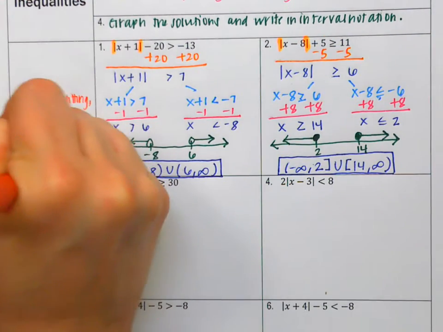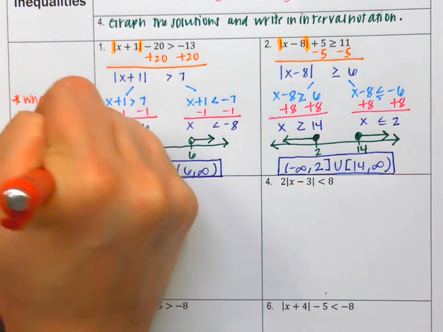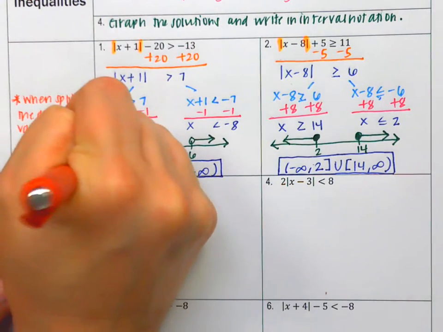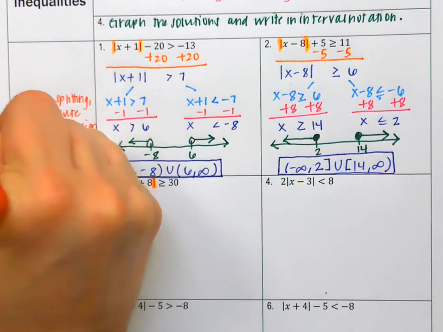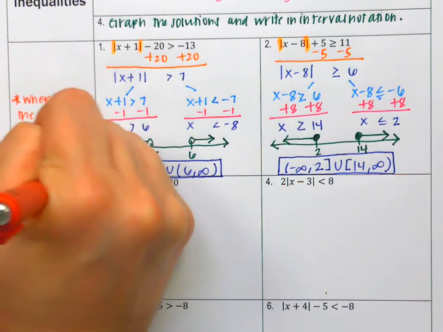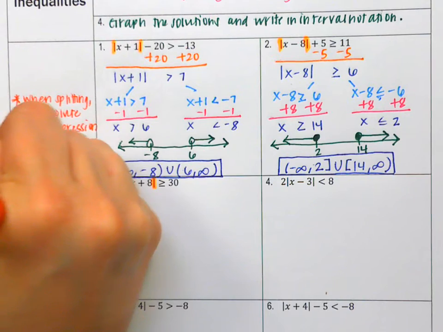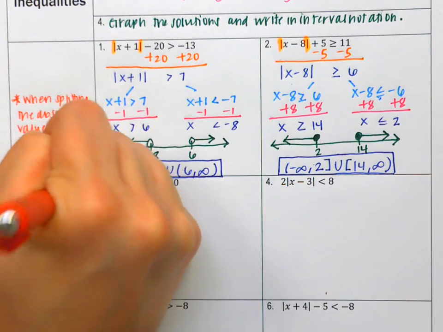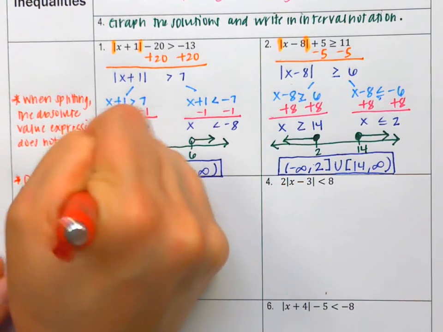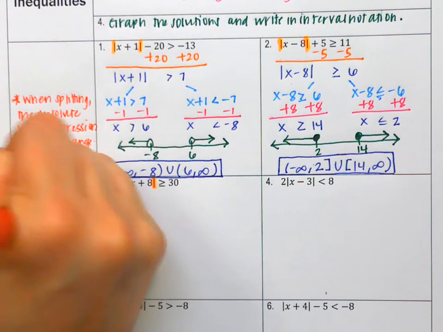So again, do not distribute to an absolute value expression. Instead, divide.